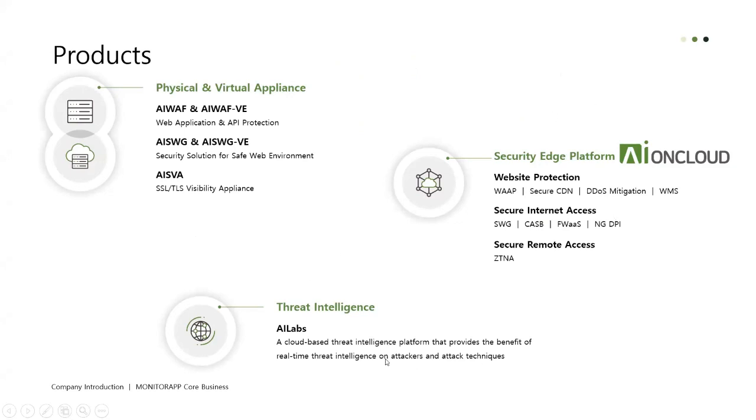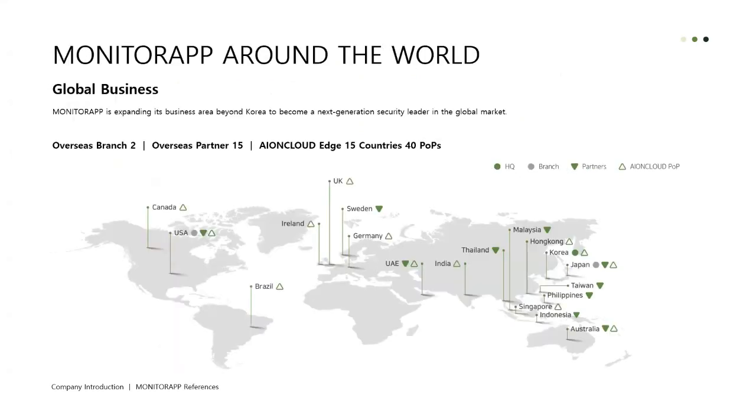And our threat intelligence platform we call AI Labs. So we will focus our discussion on the Ion Cloud. We have 15 partners overseas, and our edge is located in 15 countries with 40 POPs. So wherever the clients are, the connection will be routed to the edge nearest to the client.